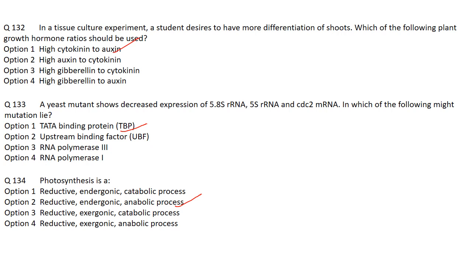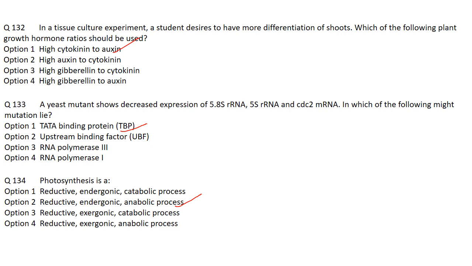So a yeast mutant shows decreased expression of 5.8S rRNA, 5S rRNA, CDC2 mRNA. All these are synthesized by RNA polymerase 1, RNA polymerase 3, RNA polymerase 2, and all these have a TATA box in the DNA sequence to which TATA binding protein, a transcription factor, will bind.